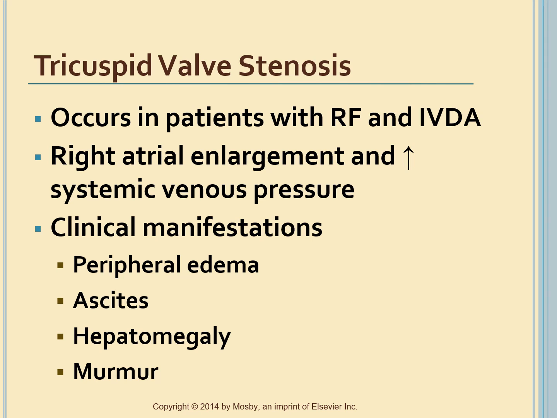So it enlarges to try to compensate for not only the increased volume, but to help push that blood into the right ventricle. So we wind up getting a backup of blood into our systemic circulation because our right atrium is fluid volume overloaded. Our clinical manifestations would be very similar to right-sided heart failure.